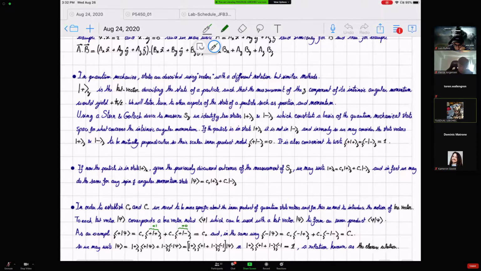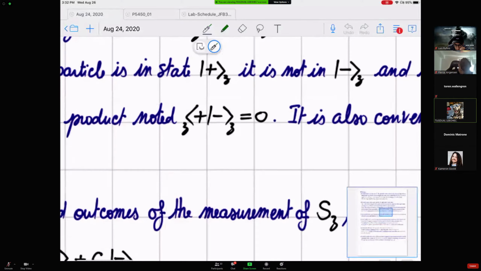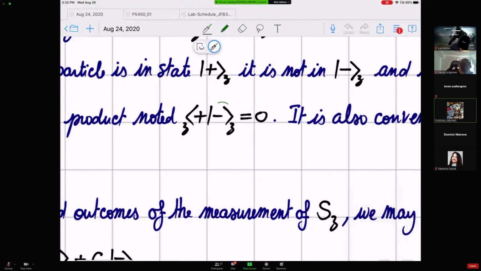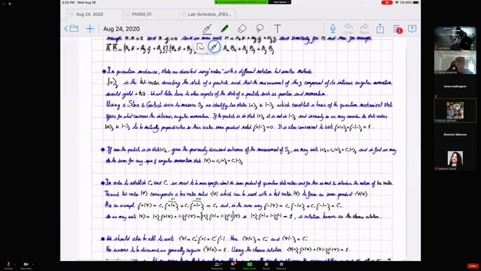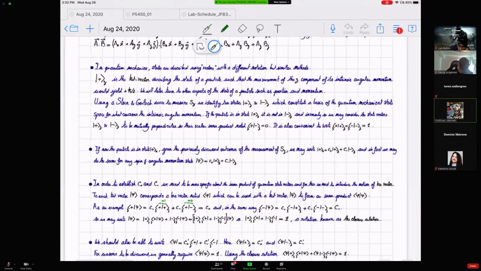So here you see that I write, let me zoom in, I write the ket minus sub z. And here I write it kind of flipped, and we call that a bra. Okay? At this point, it's just notation, right? We're going to get into the mathematical definition of these things more specifically.